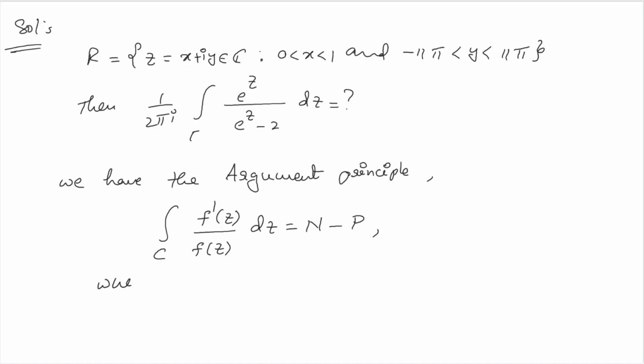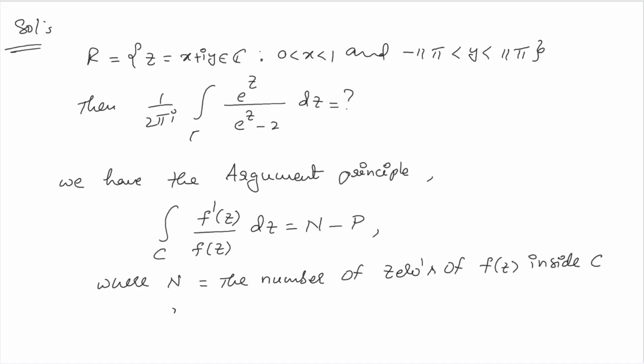That is, n is the number of zeros of f inside C and p is the number of poles of f of z inside C, counted with multiplicities.